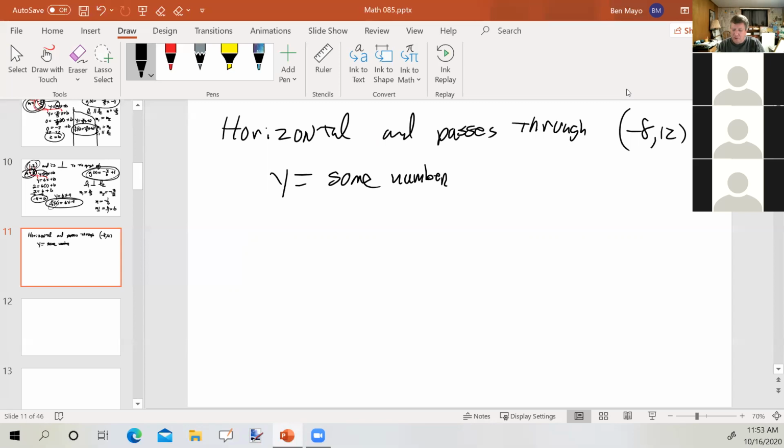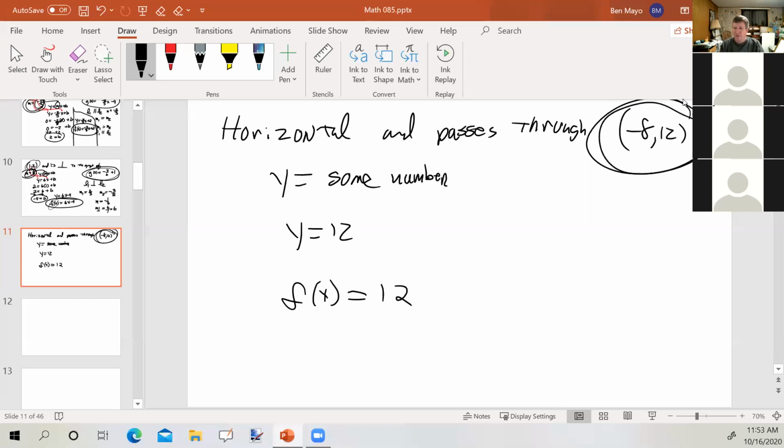Well, if this graph contains the point -8, 12, and y equals 12, that 12 would have to be that some number. So it would be y equals 12, but as a function, f of x equals 12. So a horizontal line passing through the point -8, 12 would be f of x equals 12.